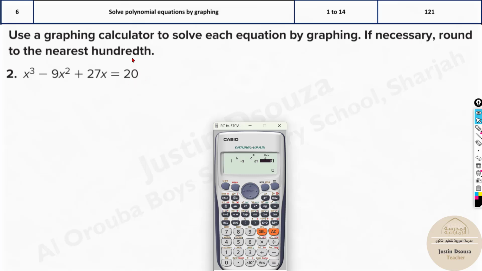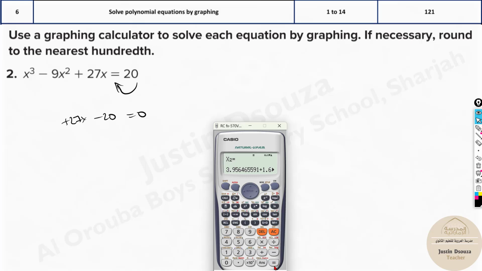This last term must be brought to the other side. So from 20 it becomes minus 20 equals 0, right? So this 20 goes to the other side, it becomes minus 20, and right side will be 0. So you'll have 27x and all these terms. So what you need to type over here is not positive 20, it's minus 20. If you put positive 20, it's the wrong answer.